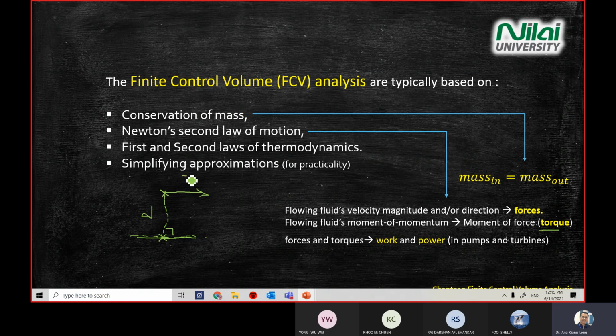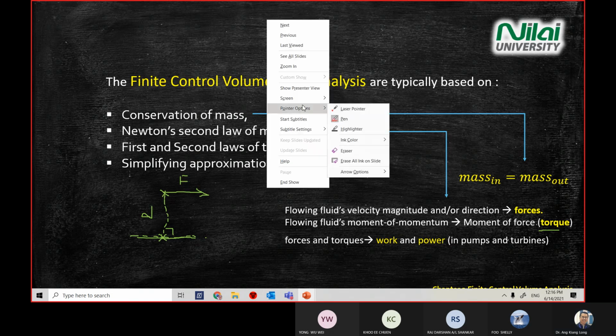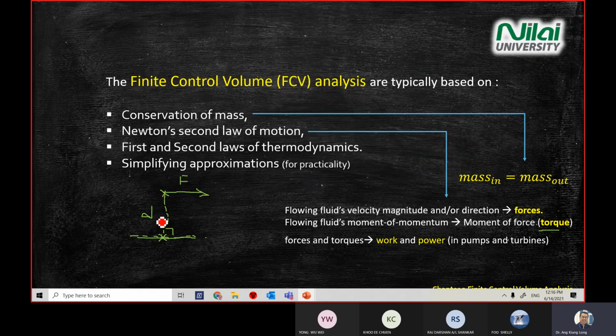And the action of the force and the d on this point will give you torque, in a clockwise direction. This is called moment that you learned in your physics, or torque. Another word for moment is torque. Apologize for my writing.